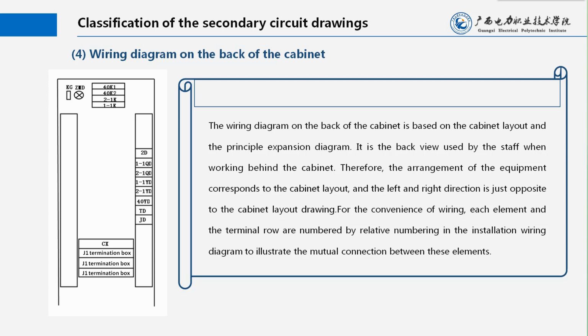For the convenience of wiring, each element and the terminal row are numbered by relative numbering in the installation wiring diagram to illustrate the mutual connection between these elements.